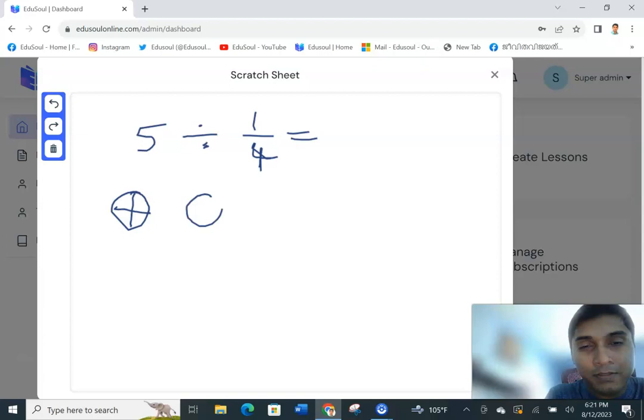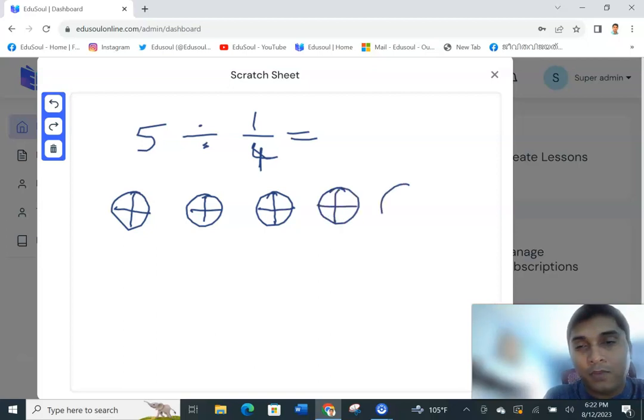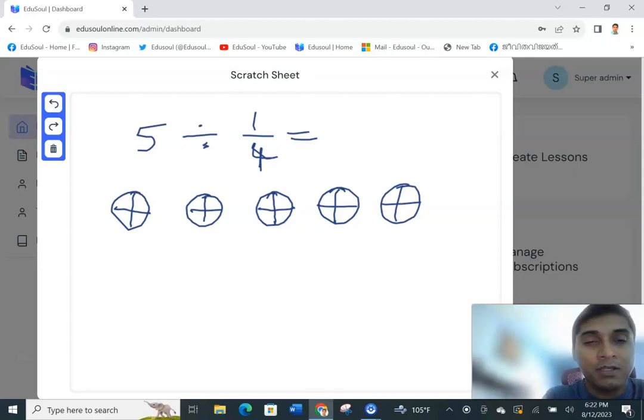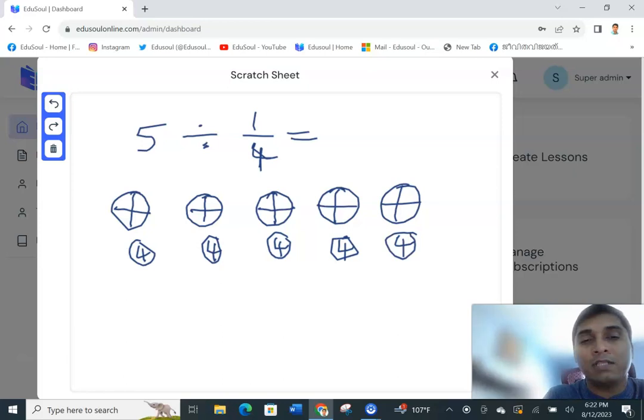So the second one also has 4 quarters. The third one, the whole, also has 4 quarters. Another one, fourth. Now another one, fifth. It's solved because this one has 4, this one has 4, this one has 4, 4, 4. So you get 20 as the answer.